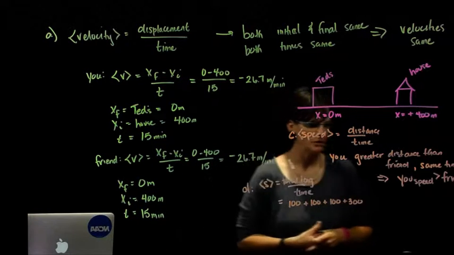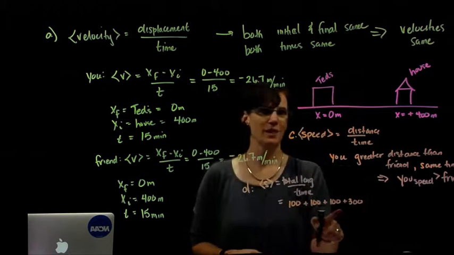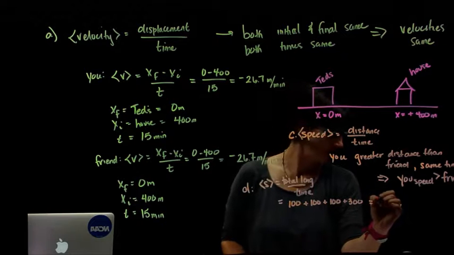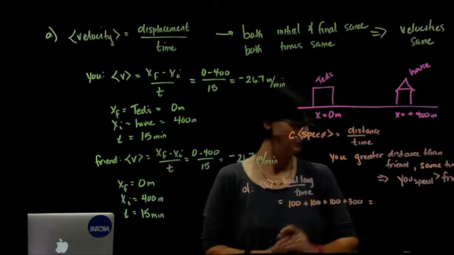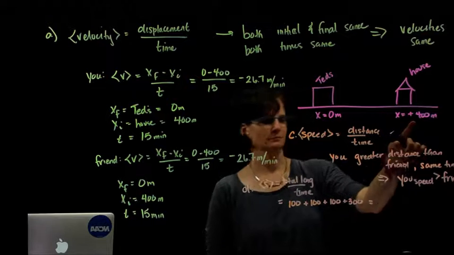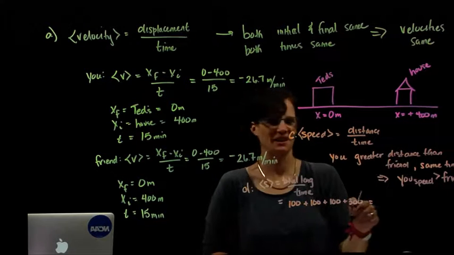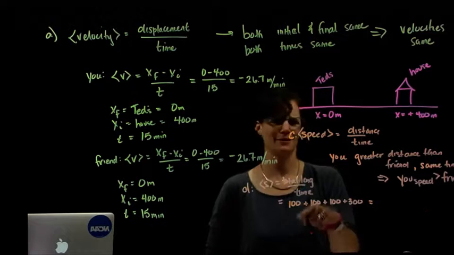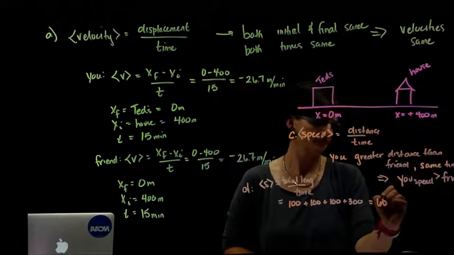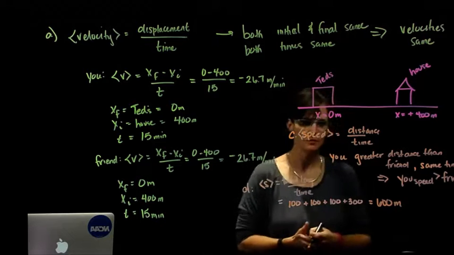So 100 plus 200. Back to the waiting spot, on to Ted's. I looked at my notes and I looked at my pages, and that's something I was imagining, because it's 600 meters. Our total distance is 600 meters.